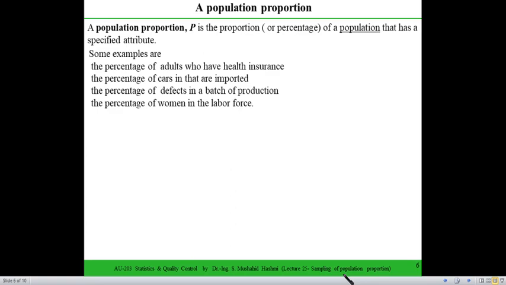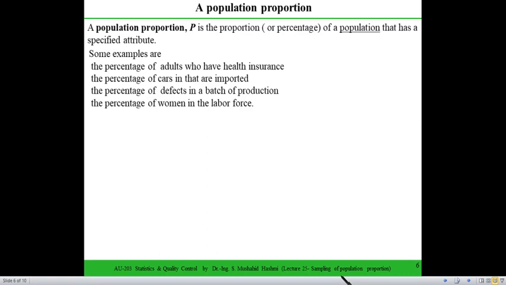For example, this population proportion could be the percentage of adults who have health insurance. In our country, health insurance is not mandatory, but in several countries in the world, health insurance is a mandatory part. So how many out of a thousand have health insurance? This proportion would represent a population proportion. Or the percentage of cars that are imported.